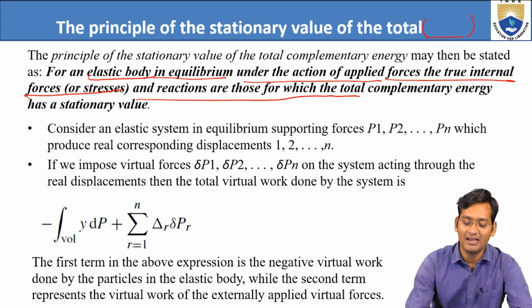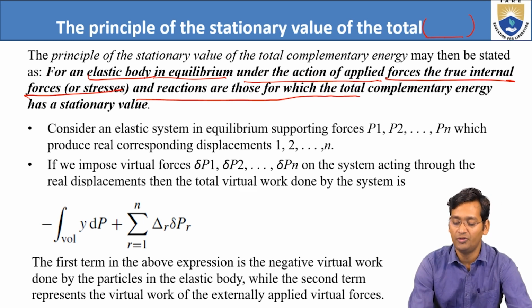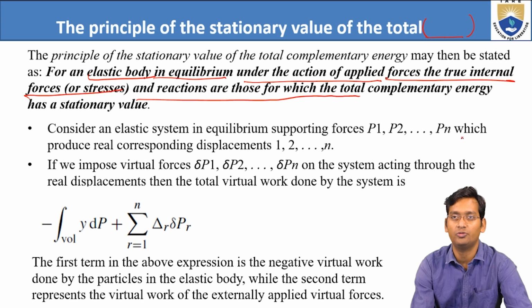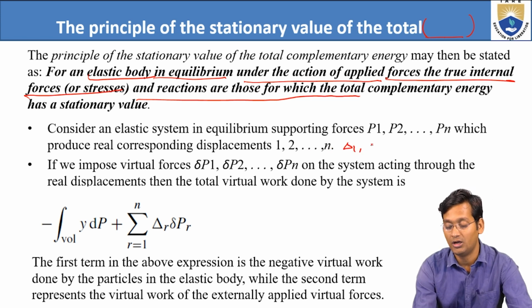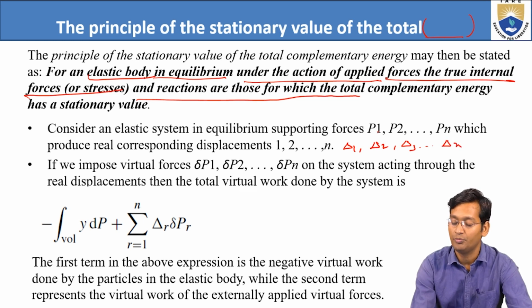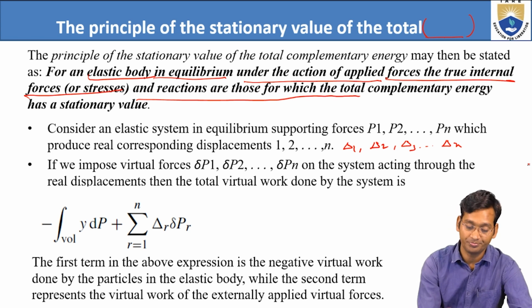Consider an elastic system in equilibrium supporting forces P1, P2, P3, and so on up to Pn, which produce real corresponding displacements at points 1, 2, 3, and so on, as delta 1, delta 2, delta 3, delta 4, and so on. Because of P1, there is delta 1 displacement at point 1, P2 gives delta 2 at point 2, P3 gives delta 3, and so on.